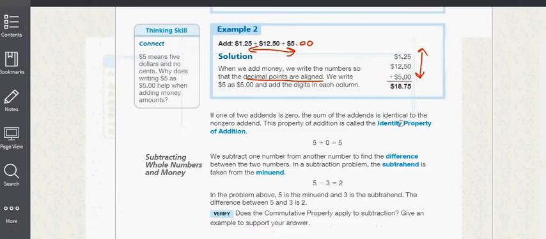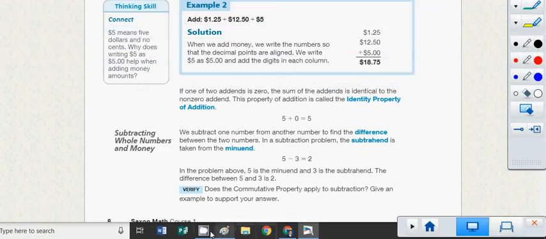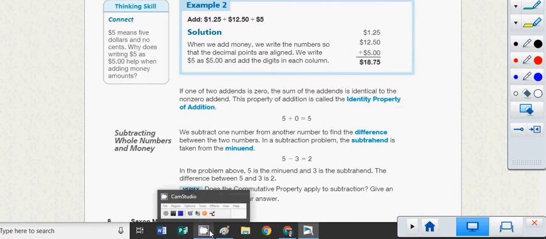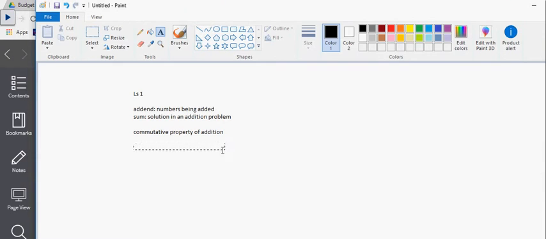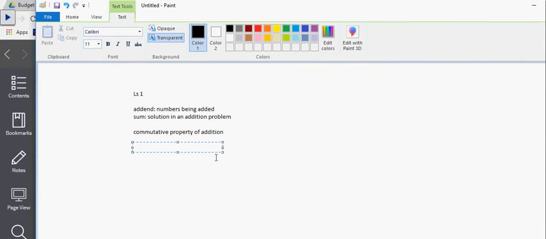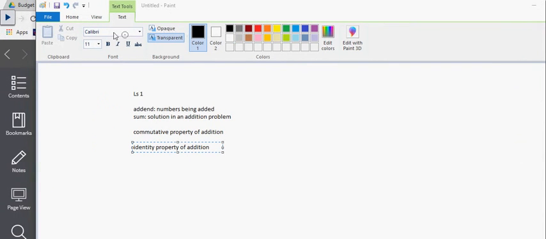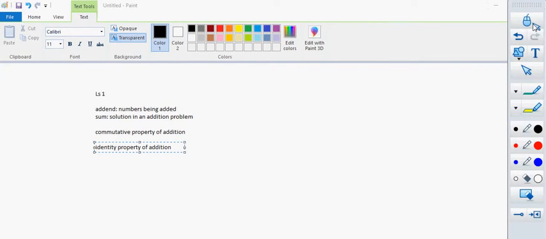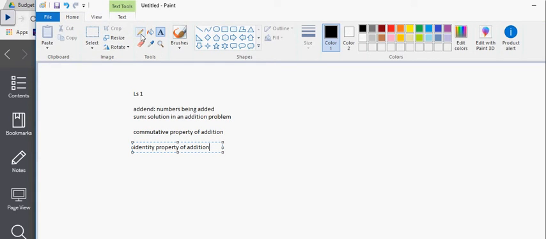One more to add to our notes. A property of addition is called the identity property of addition. And the identity property of addition in your notes is quite simply that if you add 0 to anything, it doesn't change the sum.